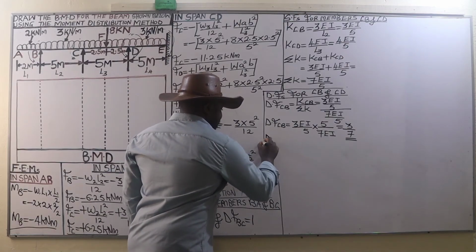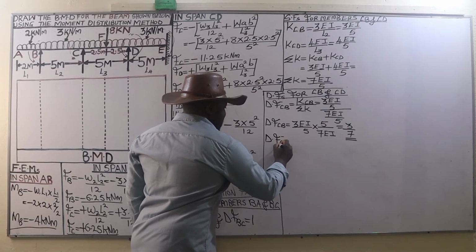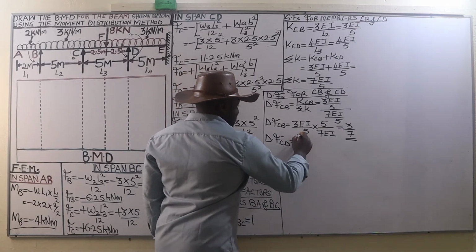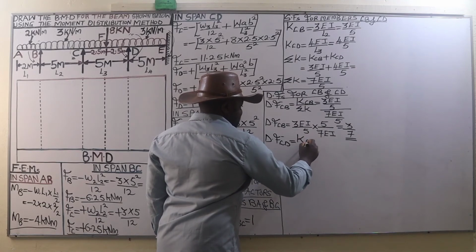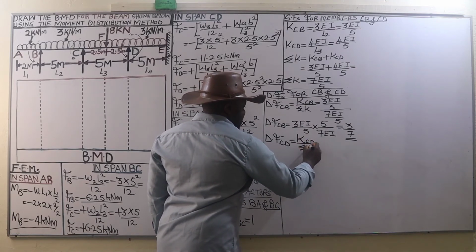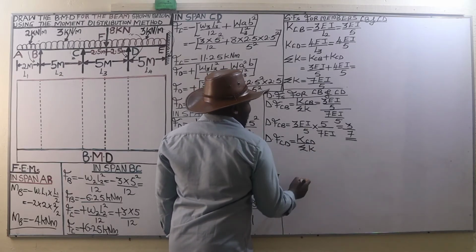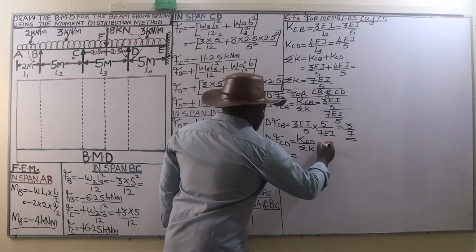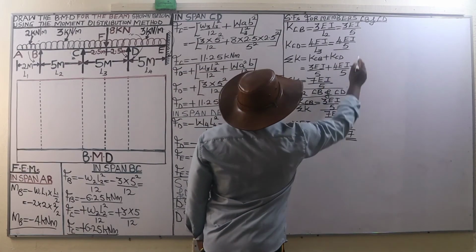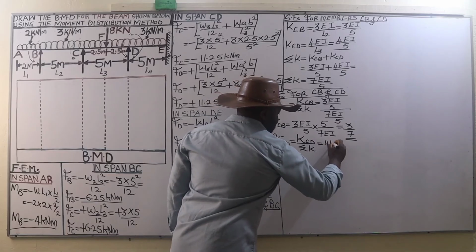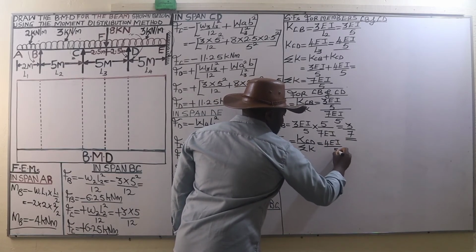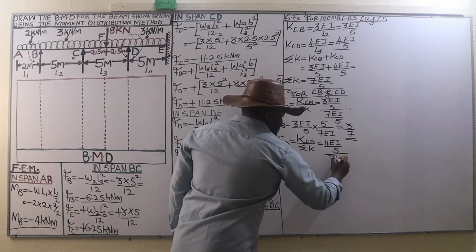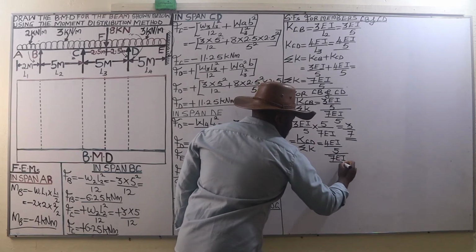Then from there we go to the distribution factor for member CD. It will be given by the stiffness factor for member CD divided by the summation of the stiffness factors. KCD is 4EI over 5, so we have 4EI divided by 5, and we divide this by the summation of K, which is 7EI divided by 5.